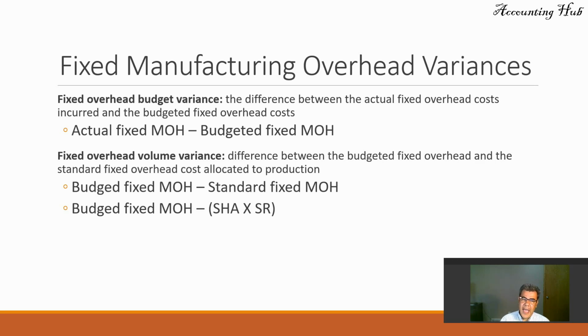So actual fixed less budget. And fixed overhead volume variance: the difference between the budget fixed overhead and the standard fixed overhead allocated to production. So budget fixed manufacturing overhead less standard fixed manufacturing overhead. And here we don't have quantity and price, if we can say that.